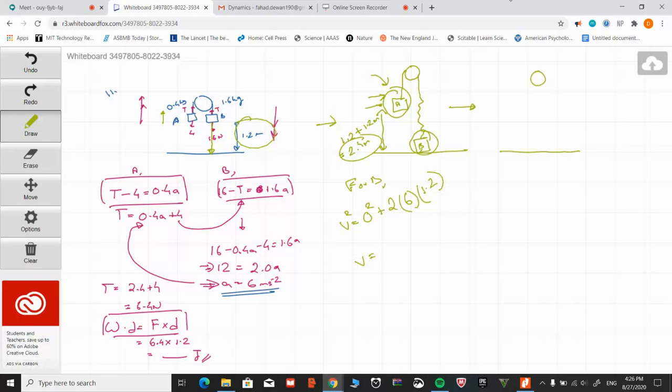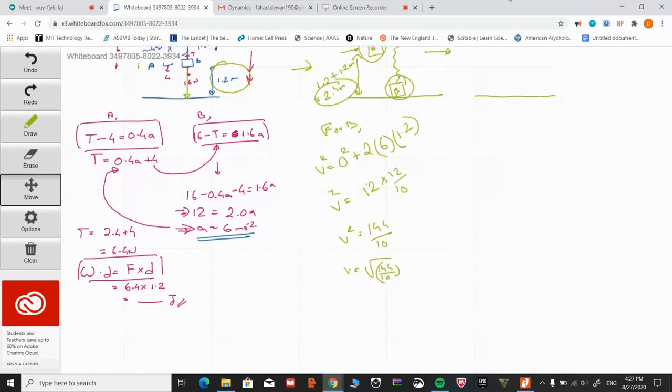In moving 1.2 meters it gained a velocity of, 12 into 12 by 10, so that is 144 by 10, root over of that. So yeah, 144 by 10 gives a value, what is that value, tell me?